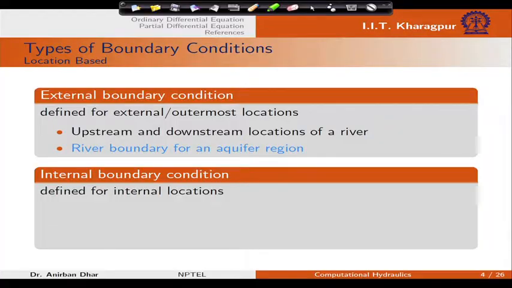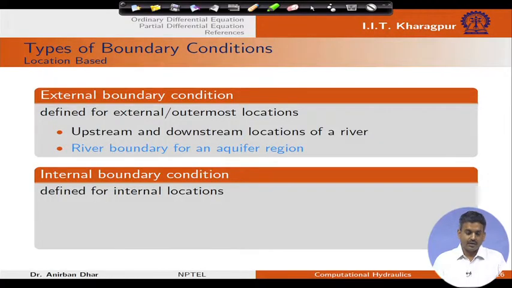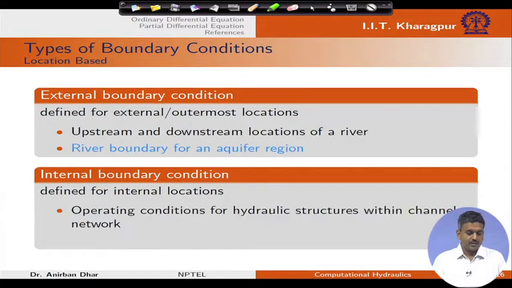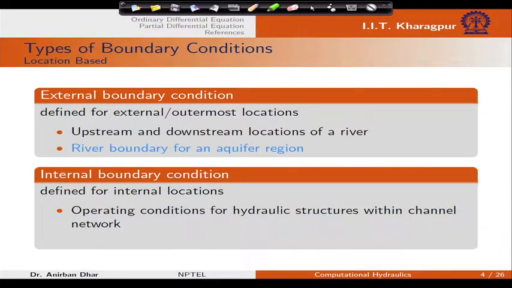Internal boundary condition is defined for internal locations. Operating conditions for hydraulic structures within a channel network. Sometimes these internal boundary conditions for channel networks are also called junction conditions.